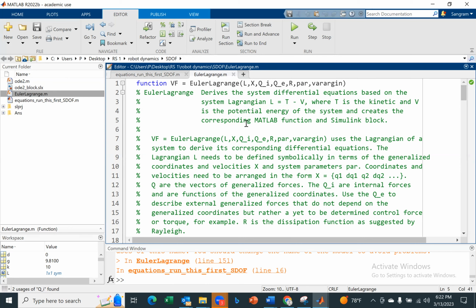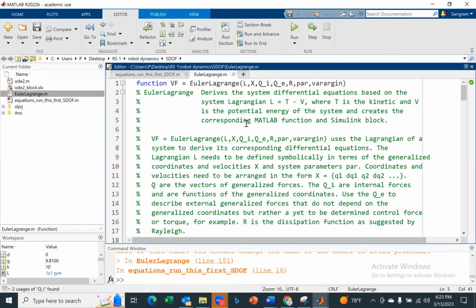And the beauty of this function is that it not only creates a MATLAB function that can be used, it also creates a Simulink block that we can use for analysis. So it not only creates the MATLAB function, but it also creates the Simulink block.